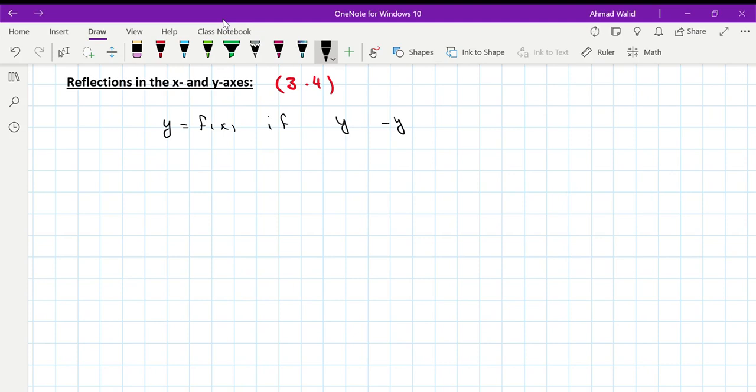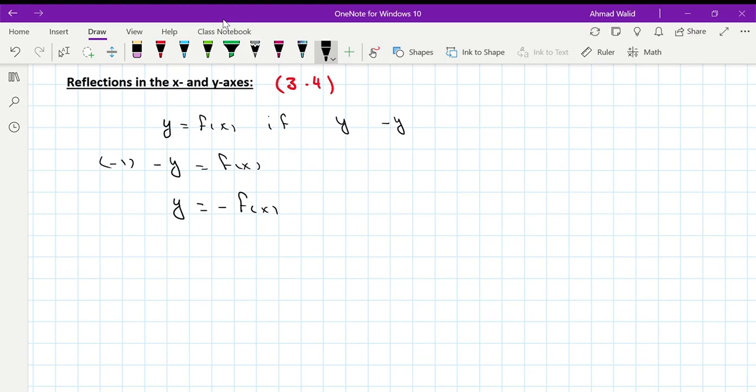This function becomes negative y equals f of x, and if you solve it for y, you multiply both sides by -1, or divide both sides by -1, you will end up with y equals negative f of x.